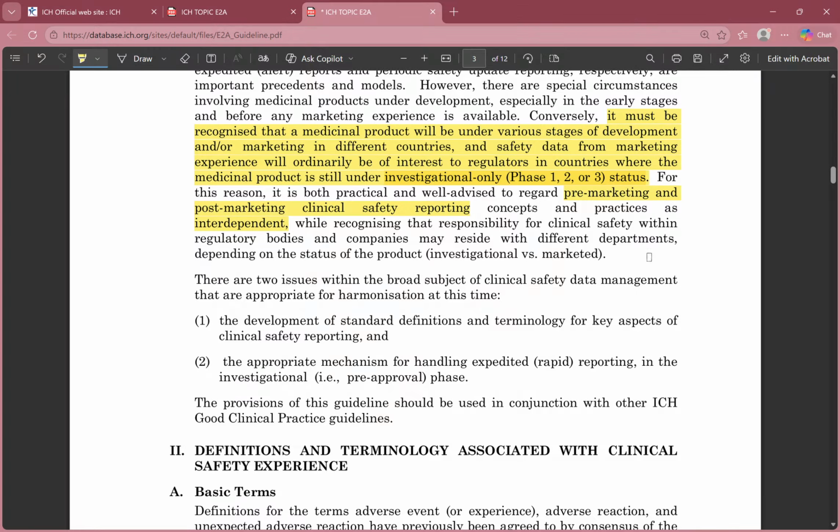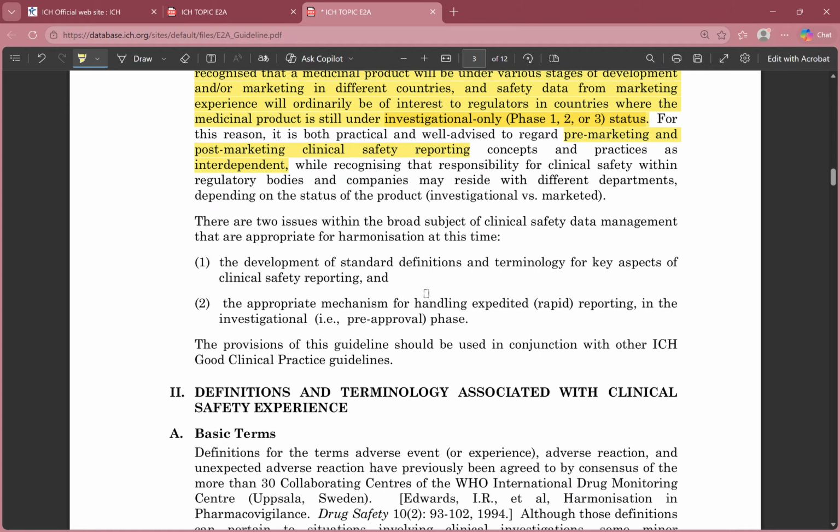Companies may reside with different departments depending on the status of the product, that is investigational, which is still under development, which is a clinical trial drug, and the marketed drug, which is already on the market, that is a post-marketing surveillance drug. So there are two issues within the broad subject of clinical safety data management that are appropriate for harmonization at this time.